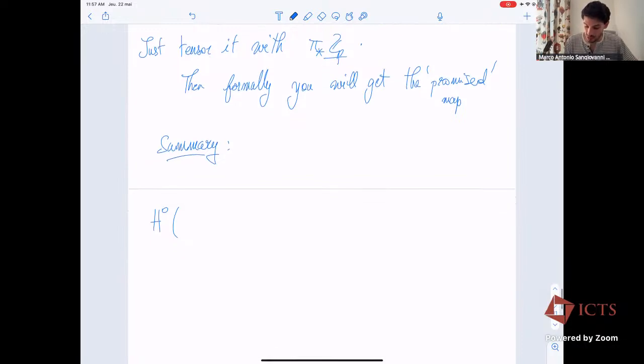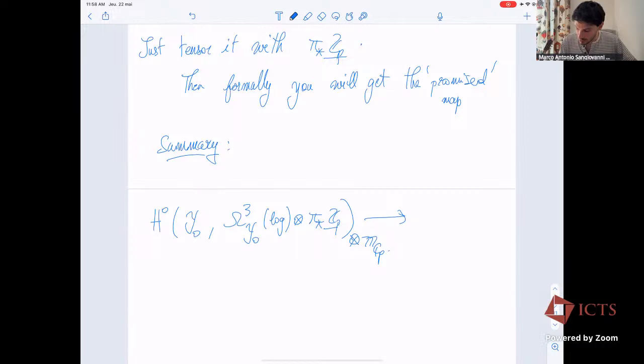So, summary: you get an actual map, in the notation that I gave before, from Y naught of omega 3, Y naught log, tensored with pi star Z_p, to, tensored over Z_p with the maximal ideal of C_p, H3 et al. of Y, Z_p 3, and then here you get rho minus 3 OCP.